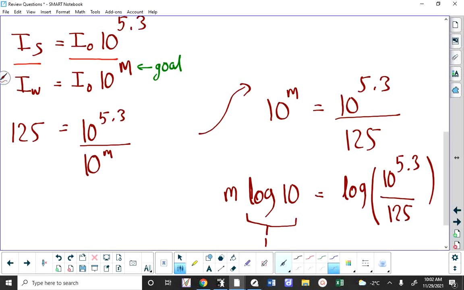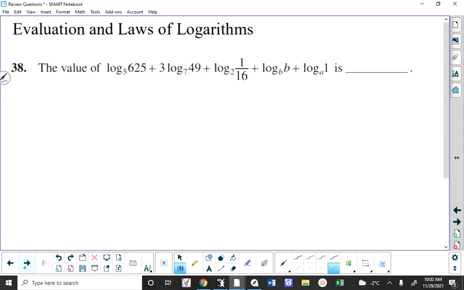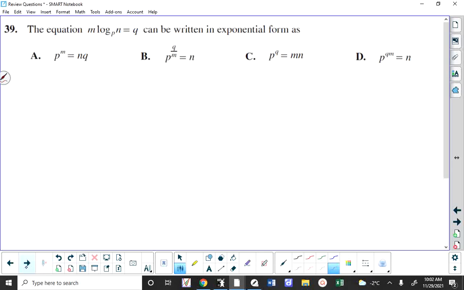Other questions? The equation m multiplied by log base p of n is equal to q can be rewritten in exponential form as what?